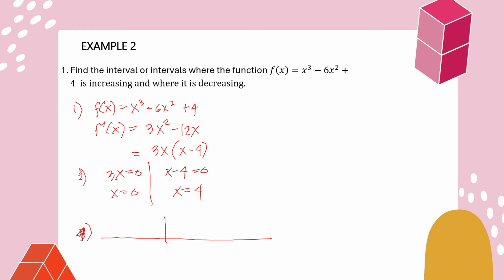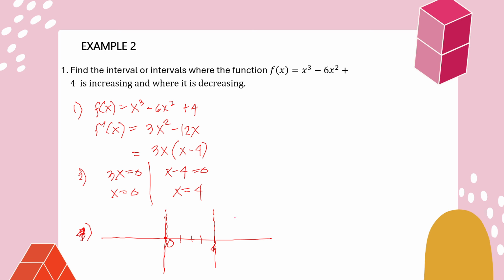If this is our 0, this is a point here. This is 0, and this one is 1, 2, 3, 4. So the interval is this part, 0 and this one.